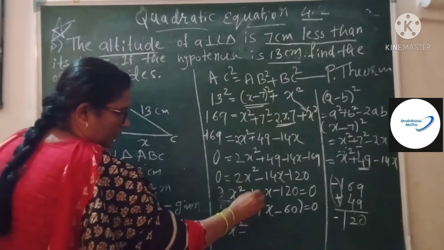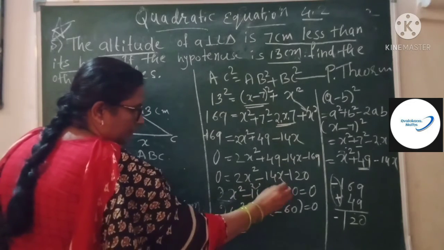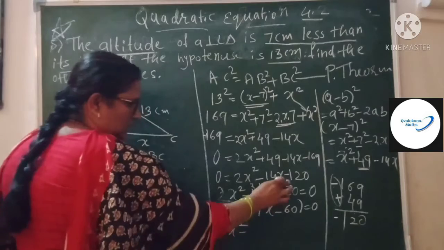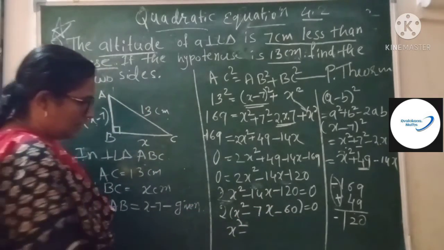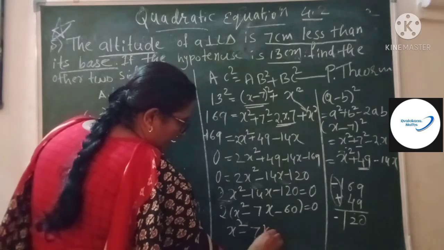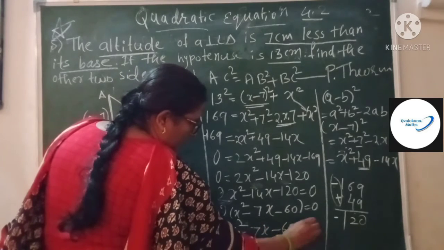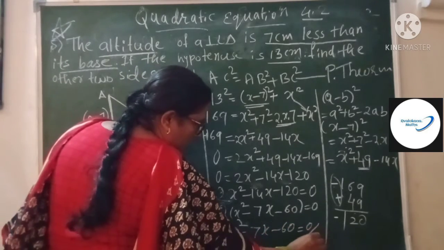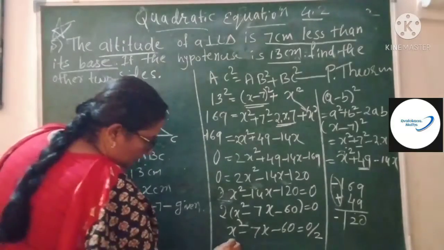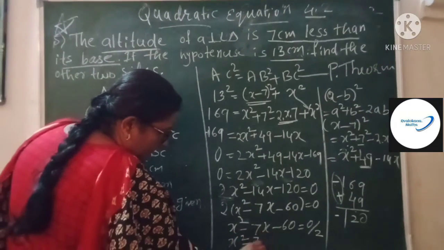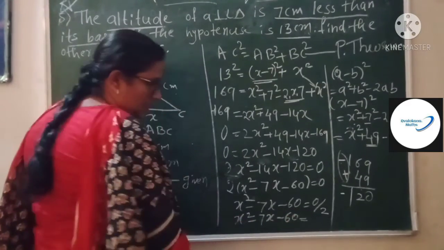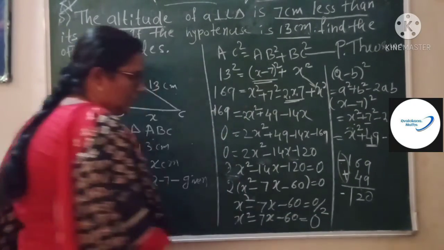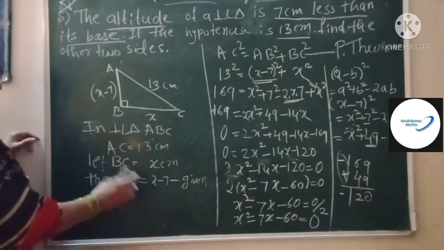By taking factors: 14 divided by 2 is 7, and 120 divided by 2 is 60. This is very simple, which you have been doing from your lower classes. Now x square minus 7x minus 60 equal to 0. So step by step I am solving. Wherever the steps are necessary, write them to get good marks.